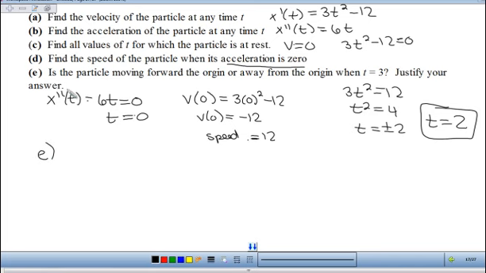In part E, is the particle moving toward the origin or away from the origin when t equals 3? Justify your answer.